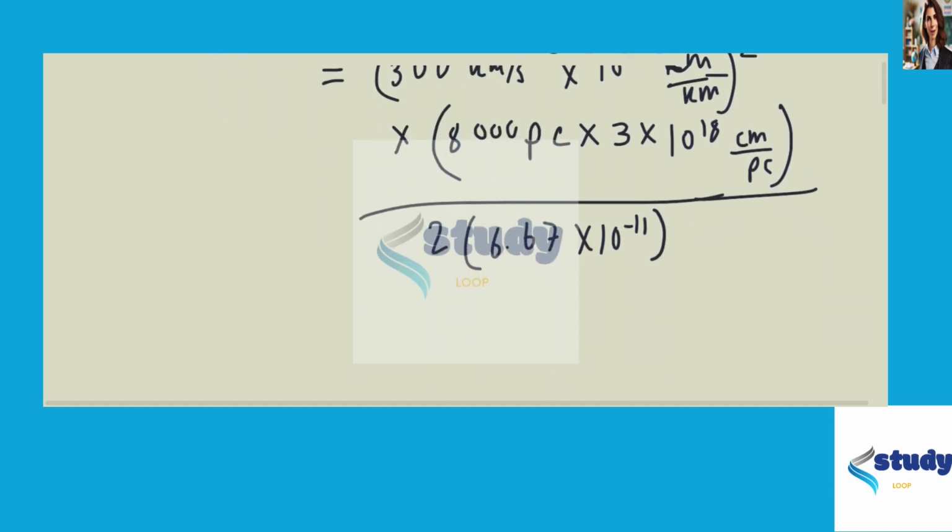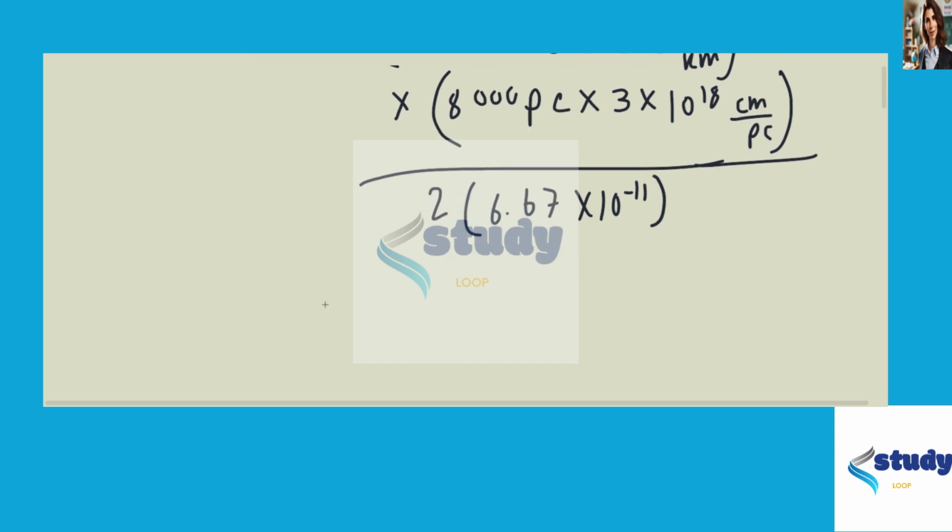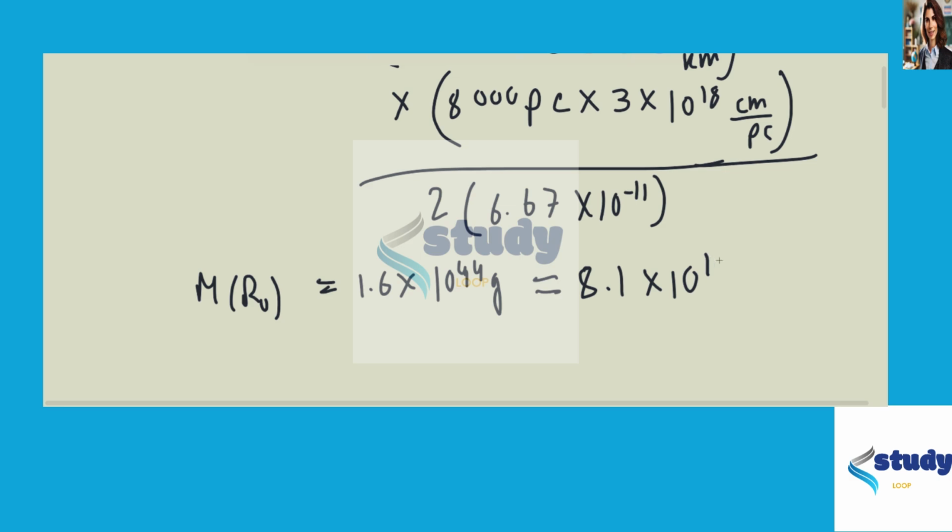Okay, so this will give you a mass within r naught of 1.6 times 10 to the 44 grams. And you divide that by about 2 times 10 to the 33, and you get a mass in solar masses of 8.1 times 10 to the 10 solar masses as the mass within that radius.